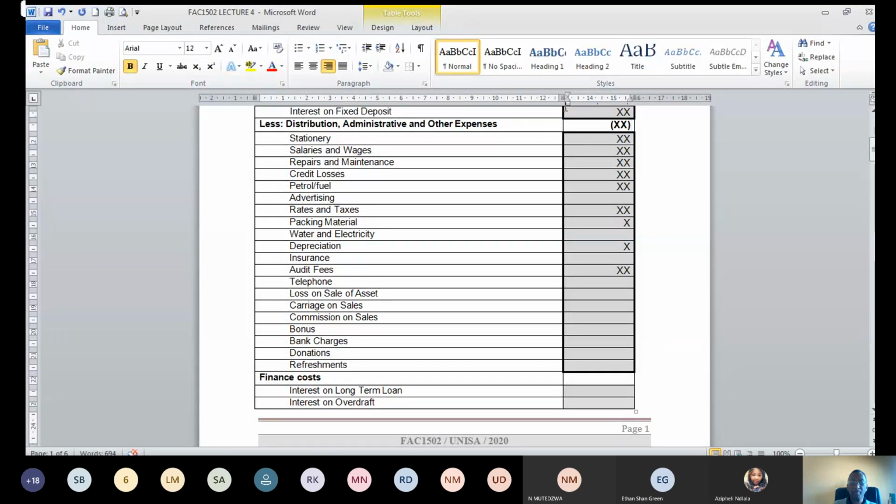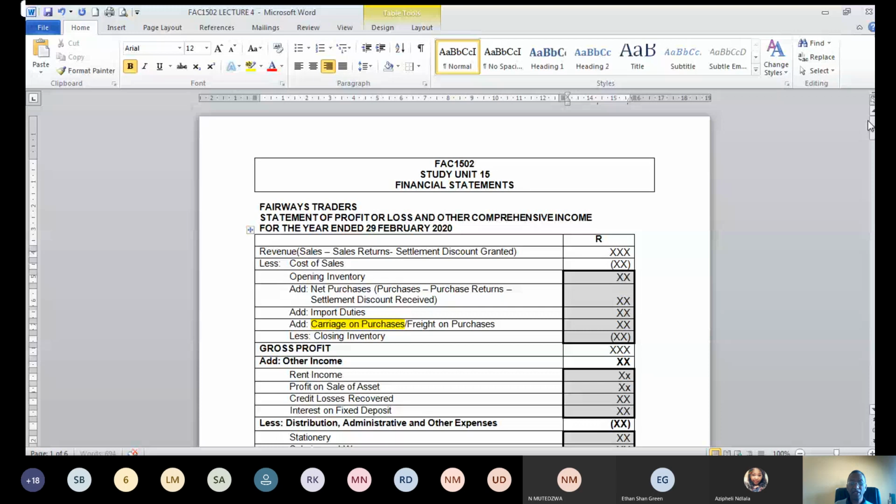And that will be the sum of all my distribution, administrative, and other expenses. Then you go to your finance cost.